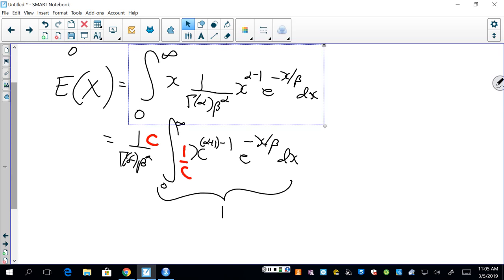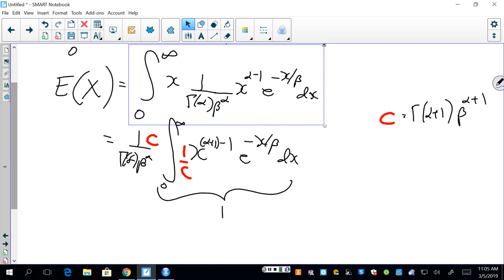To make it work out, we have alpha plus 1, so we should have a gamma of alpha plus 1 down there, and instead of beta to the alpha, we should have beta to the alpha plus 1.